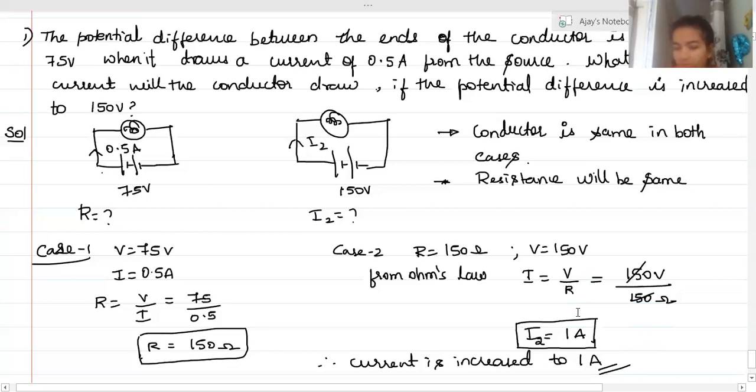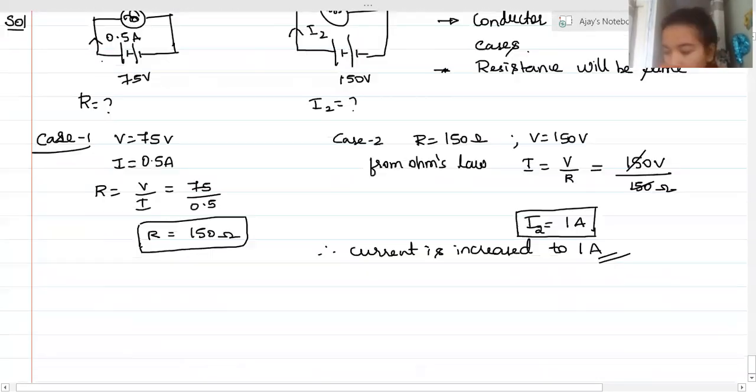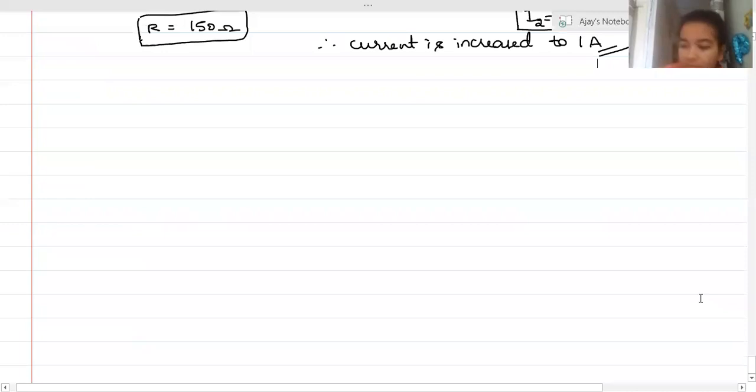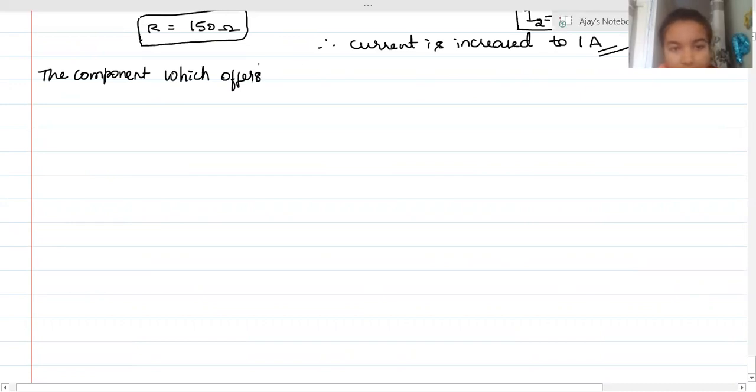Done. Okay, fine. So next is the device which offers resistance. The component which offers resistance is called a resistor.